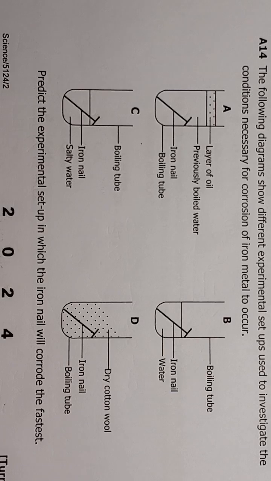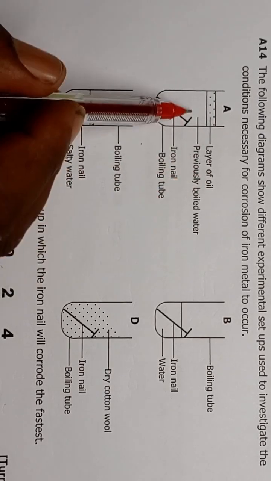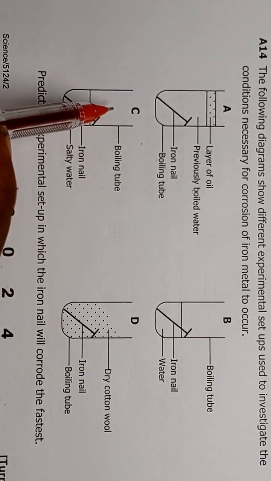Question 14. The following diagrams show different experimental setups used to investigate the conditions necessary for corrosion of iron metal to occur. So we have experiment A: a layer of oil, previously boiled water, iron nail, boiling tube.